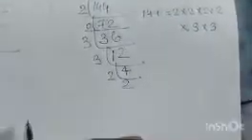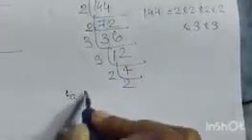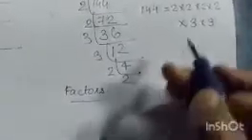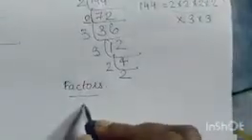Now we want to find out the factors. Okay, factors. So first, group the same numbers. Here 2 and 3 are the common numbers when we factorize 144.